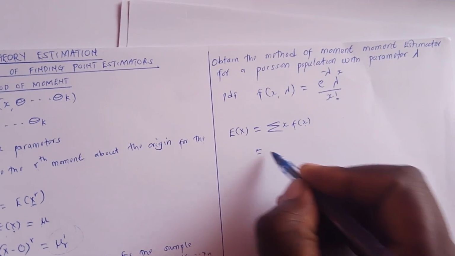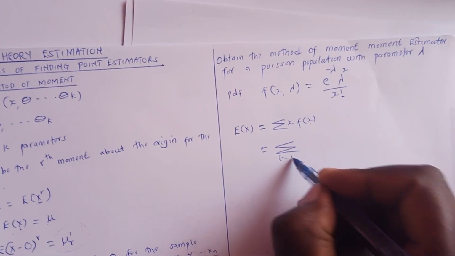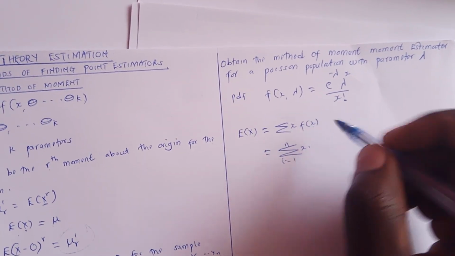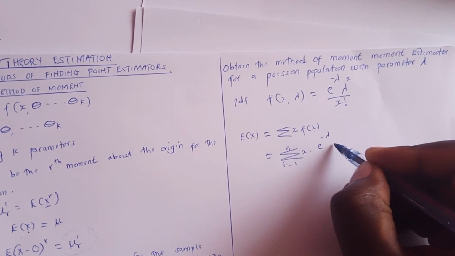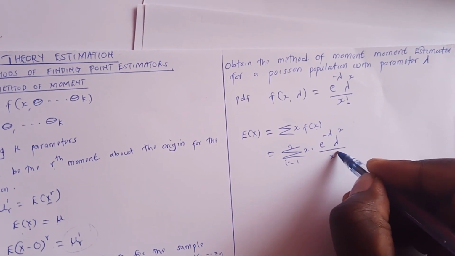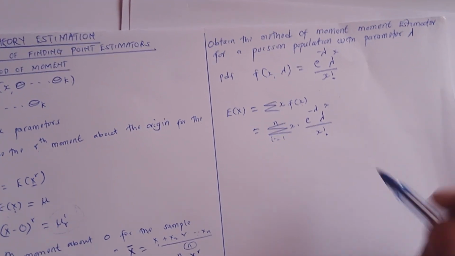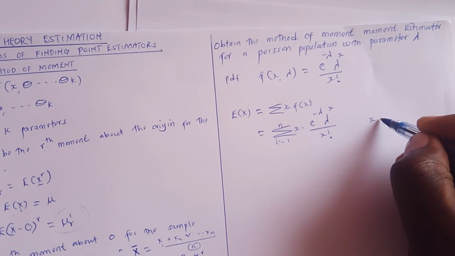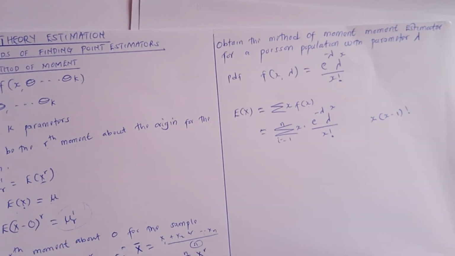Then I will have the summation of i heading to 1 all the way to n, x dot, what is my PDF? e to the negative lambda, lambda raised to x out of x factorial. Whenever I reach there, I have to rewrite x factorial. x factorial can also be written as x in bracket x minus 1 factorial.